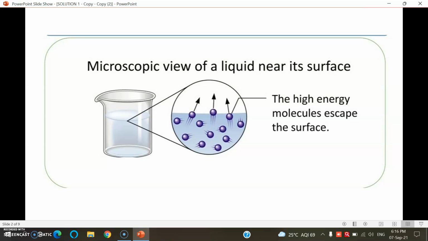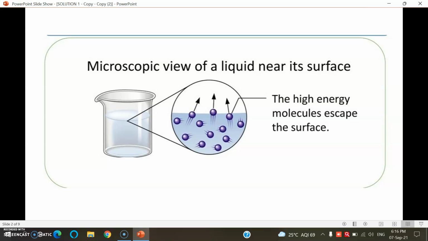They absorb energy, and at a particular state the high energy molecules escape the surface and convert into gaseous state. If the intermolecular forces of attraction are weak, they readily reach that energy level and convert into gaseous state and leave the liquid state.